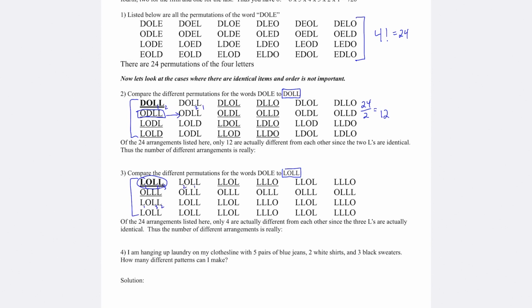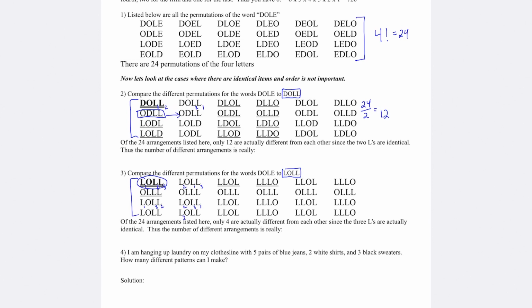And you would also find it if this was L2 and L1 and 3, and if this was L2 and L3 and L1. Then there it is, L2, L1.